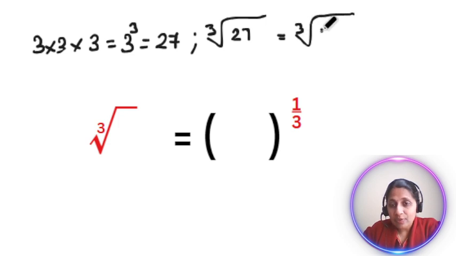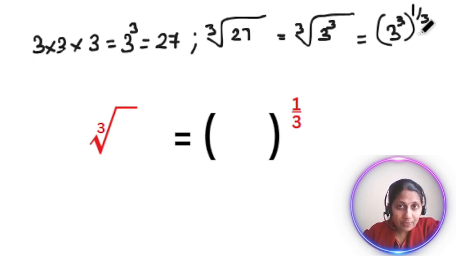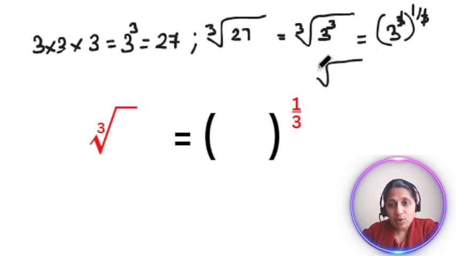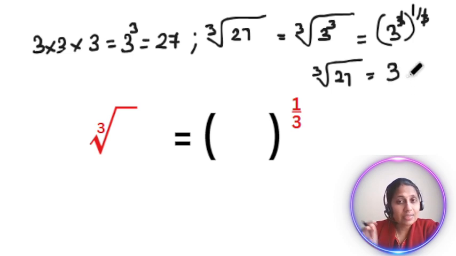Cube root of 27 is nothing but 3 cube to the power of 1 by 3. So again we already see that cube root is nothing but raising to the power of 1 by 3. Now applying the power law, both the 3 and 1 by 3 get multiplied and hence both the 3's will get cancelled. So the cube root of 27 is simply 3. This is the basic behind taking the cube root of any number.